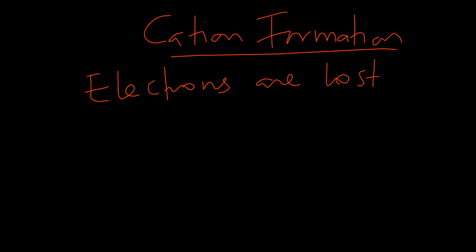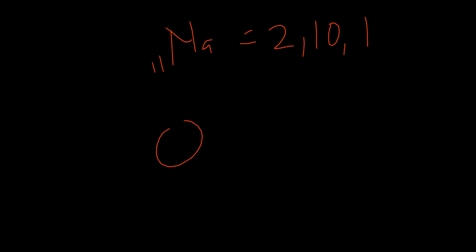Let's take an atom such as sodium. Its atomic number is 11. If I have to write the electronic configuration of sodium, it will be 2, 8, 1. If I have to draw this structure, it will look something like this. First we have the nucleus. The first shell has 2 electrons. The second shell has how many?